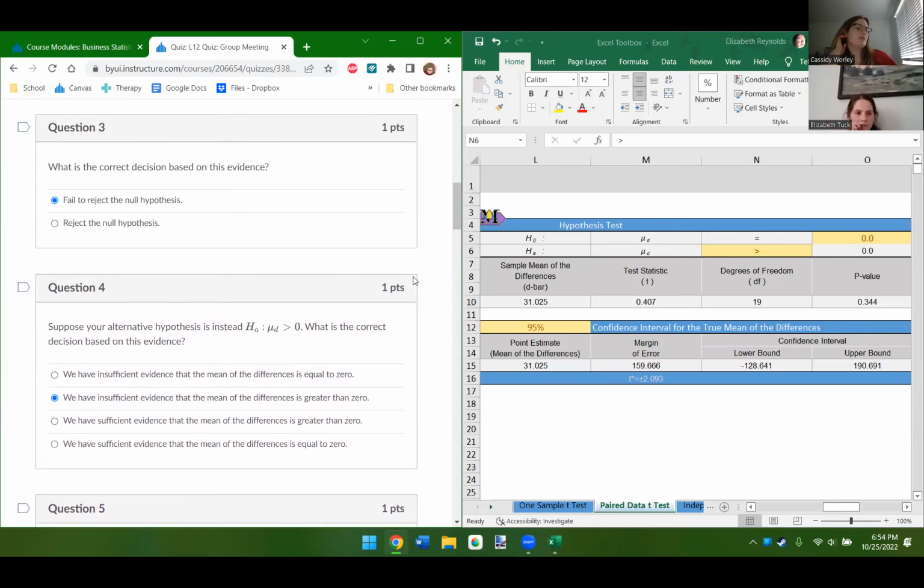No, if the p-value is bigger than the level of significance, we fail to reject, which means we have insufficient evidence to prove otherwise. Because if the p is low, we reject the null. So we have insufficient evidence that the mean of the differences is greater than 0.